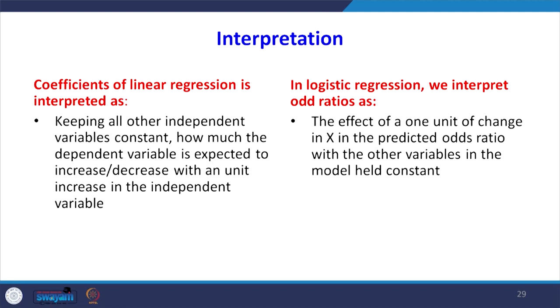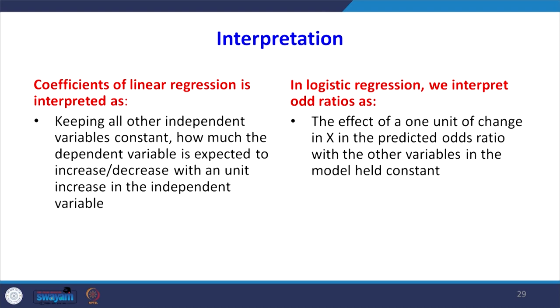This is the way we interpret the coefficient of each independent variable in a linear regression model. But in a logistic regression model, it is the effect of a one unit change in x on the predicted odds ratio, with the other variables in the model held constant.